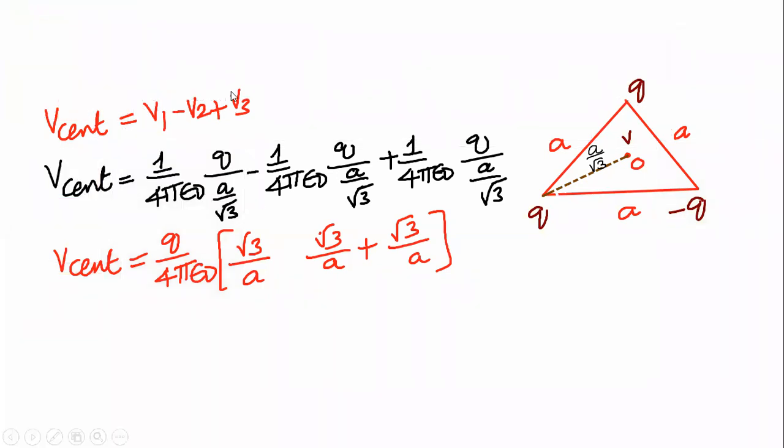It will be minus we have to take here. Therefore, minus, 3 by 2, square root of 3 by 2, square root of 3 by 2 get cancelled.